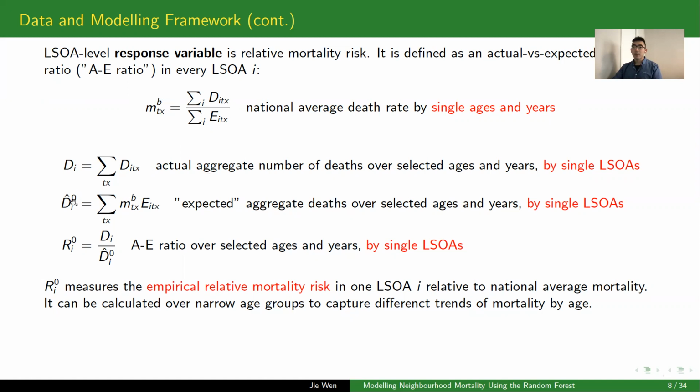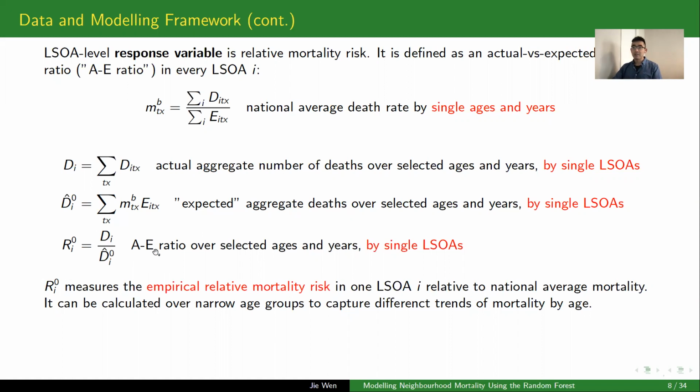Then we calculate D hat 0i, which is interpreted as the expected number of deaths covering a particular group of ages and years within a single RSOA. From the formula we can see that the expected number is calculated for a single RSOA, but it is calibrated to the national average mortality. Then we can calculate R_i0, which is the ratio of D_i over D hat 0i.